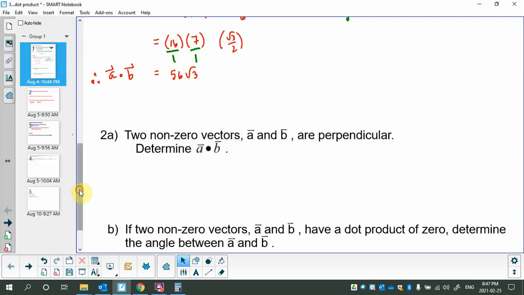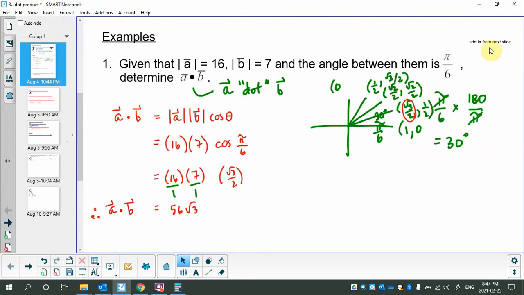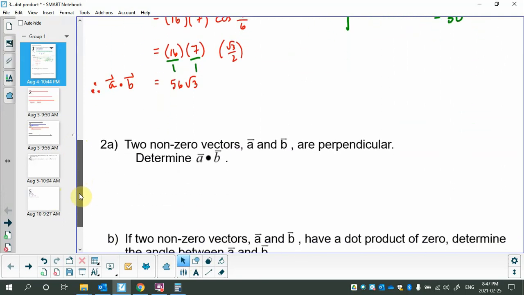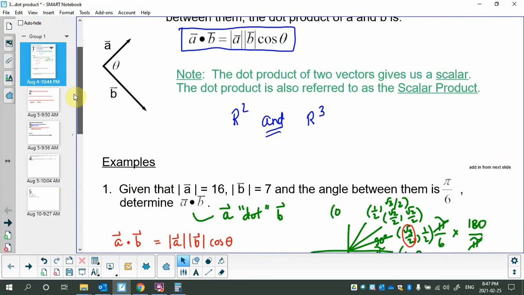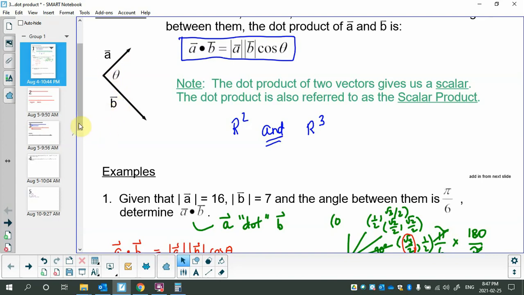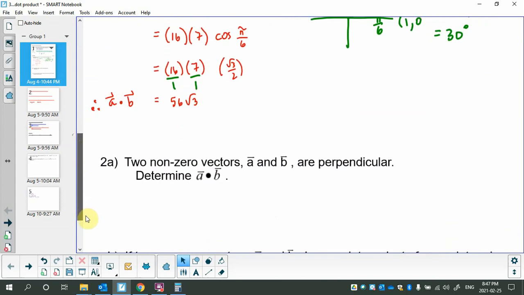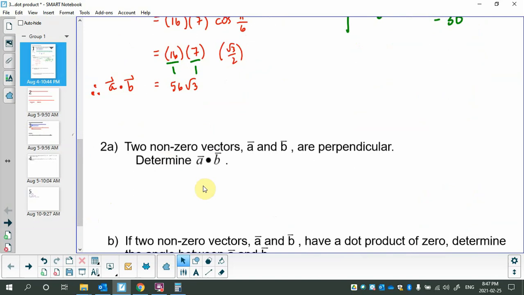Now I've got this little note to myself that says, add in from next slide. So the next slide has some information on it that will help with this question. So 2 non-zero vectors, so that means we've actually got 2 vectors, A and B, that are not 0, and they're perpendicular, and we want to determine the dot product of vector A and vector B. Now what that means is that I'm going to dig out the formula, even though I don't have all the information.